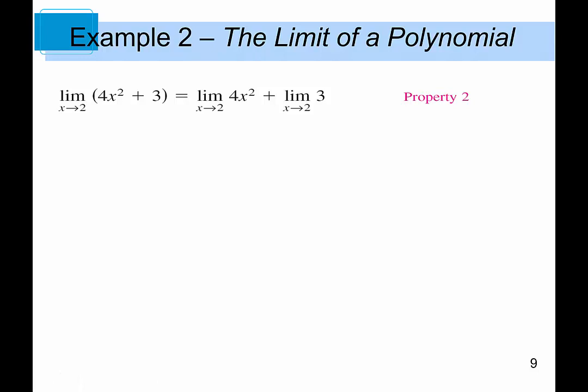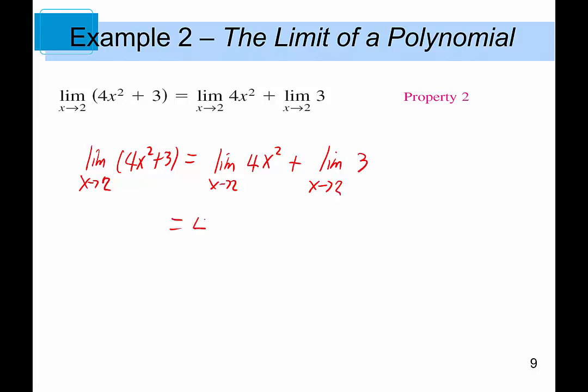Okay, next take a look at this. We're going to learn how to find a limit. As you can see, 4x squared plus 3 is a quadratic equation, so it's continuous everywhere, right? For any degree of polynomials. So what you can do is limit x approaches 2, separate into two different parts of limit using property number 2.